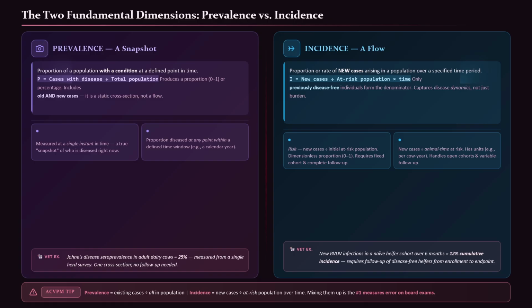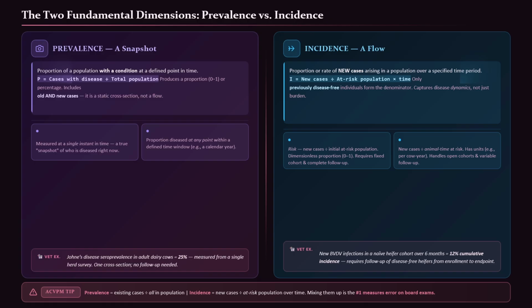Numerator, existing cases. Denominator, total population examined at that time, sick and healthy alike. No time period in the denominator. It's a proportion, not a rate. The formula, prevalence equals the number of existing cases divided by the total population examined times 100.